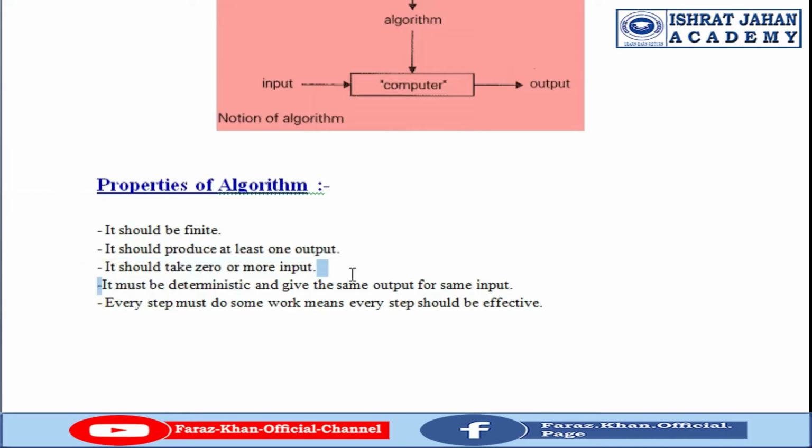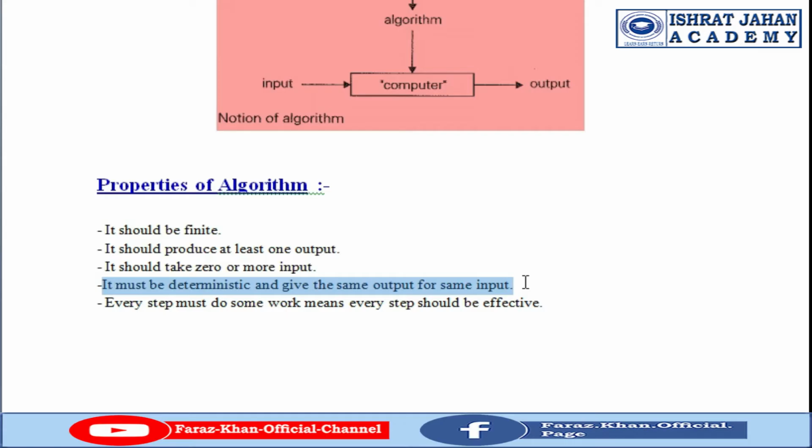Next, it must be deterministic and give the same output for the same input. What does that mean? It means there must be a certain output for the same input. Output must not be uncertain; output must be decisive. That's what deterministic means.